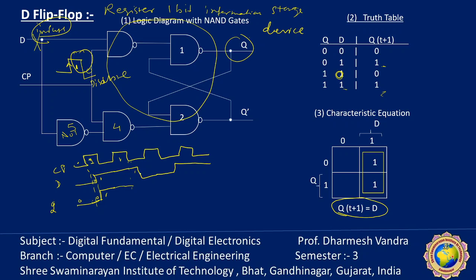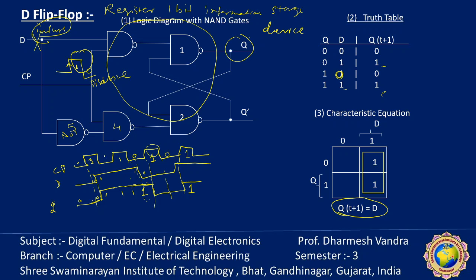But during the 0, when the clock pulse is 0, is it possible to change the value at this time? No, right? Because the flip-flop is disabled. It waits up to that time. When the clock pulse is equal to 1, D never changes, it remains constant at 1. But once the clock pulse changes from 0 to 1, at that time it will become 0. And again when the clock pulse is 0, it stays until the next time the clock pulse changes to 1, and then it becomes 1.